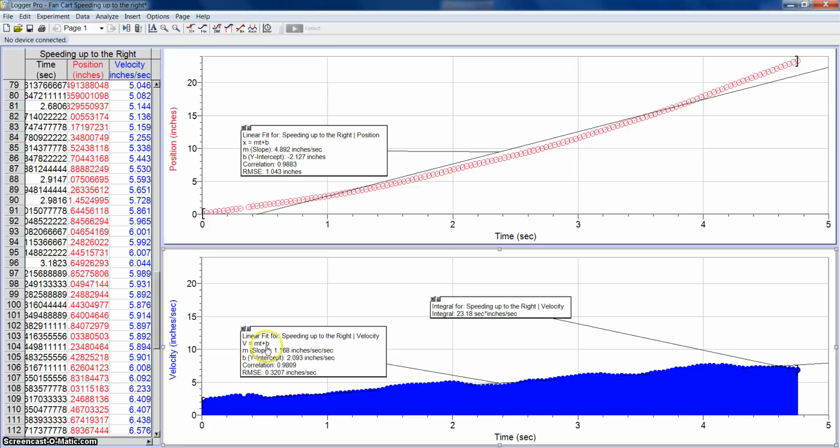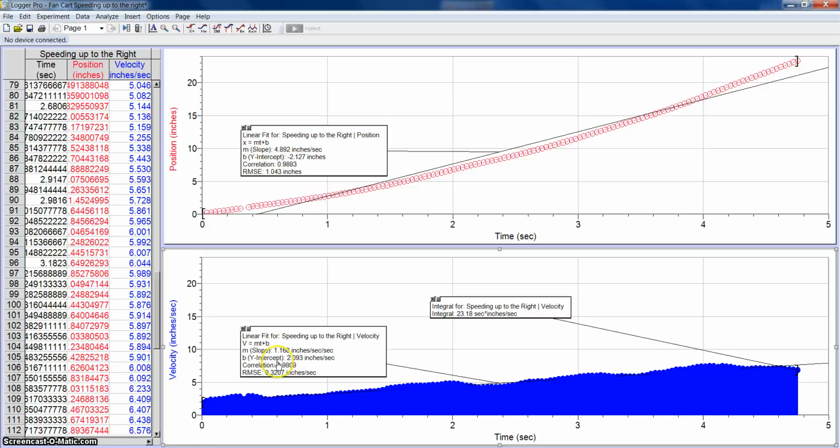Our slope, or our acceleration for this cart, is 1.168 inches per second squared. So this is saying that our cart is increasing 1.168 inches per second for every second.